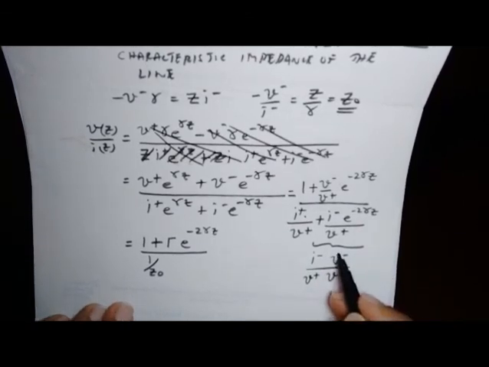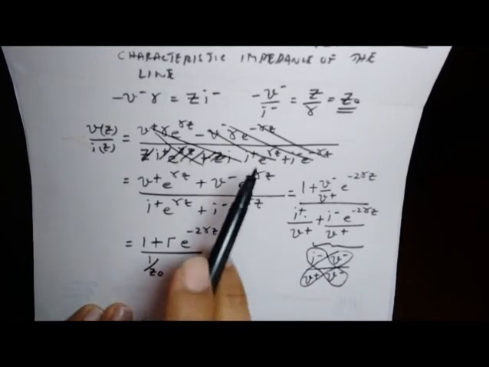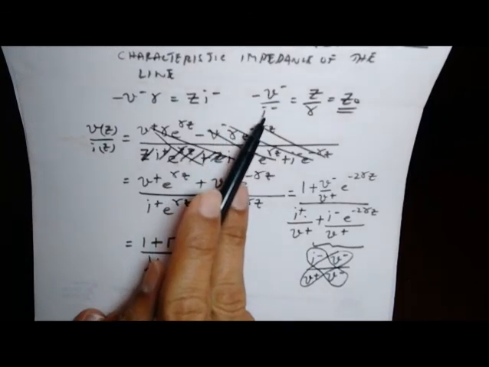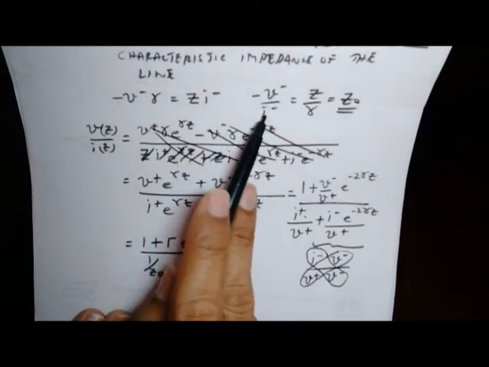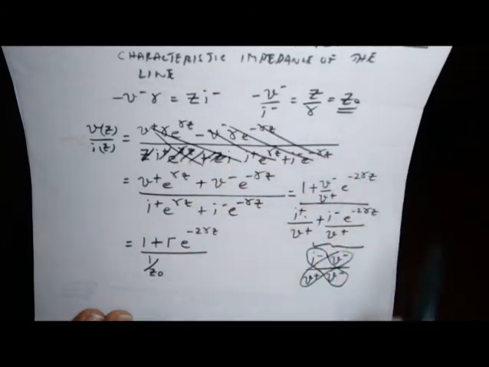Now this will be the reflection coefficient, and this will be 1 by minus Z naught, because V minus by I minus is Z naught. So V minus by I minus has to be minus Z naught.